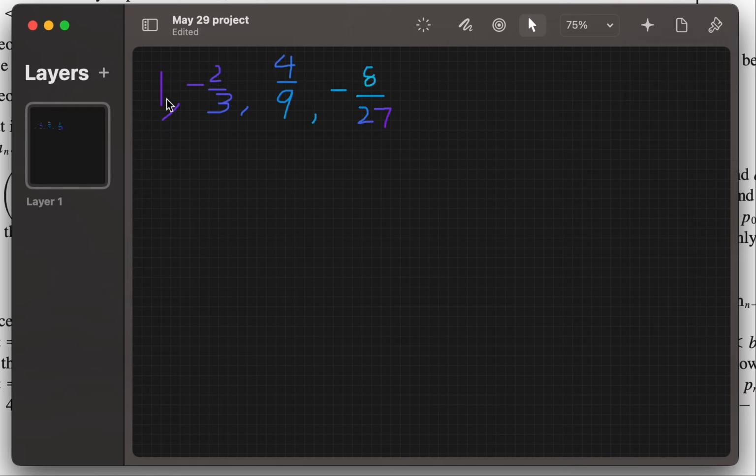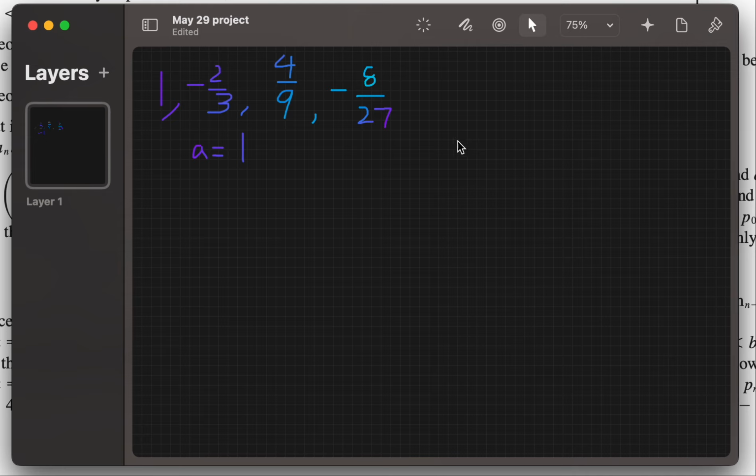If you were given this sequence and asked to find a general formula, then you would first have to find what is the first term. So what is the a value? The a value is the 1. So you now know a is 1.